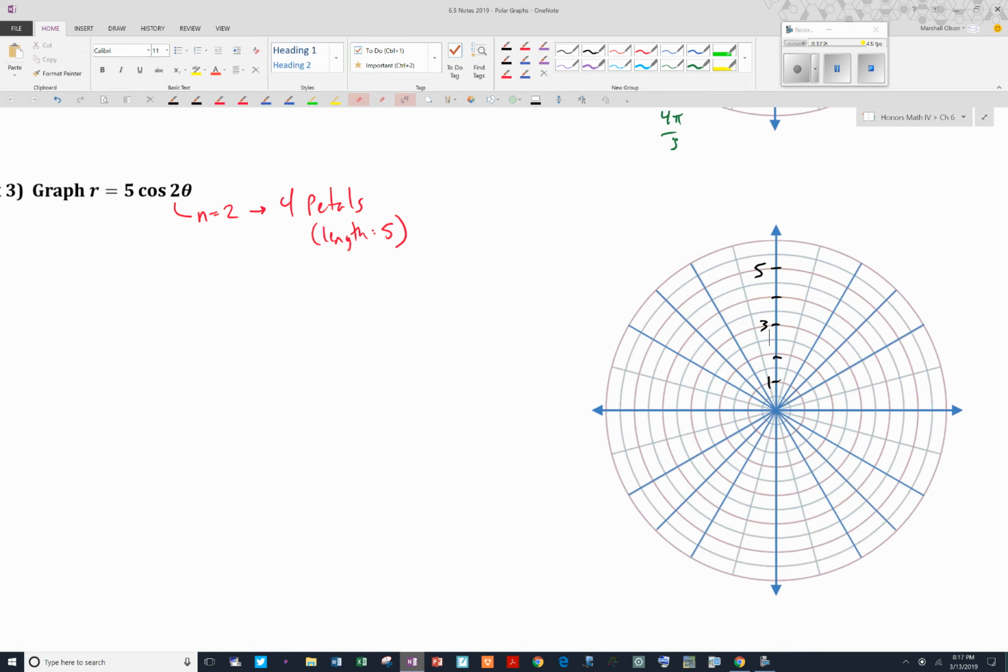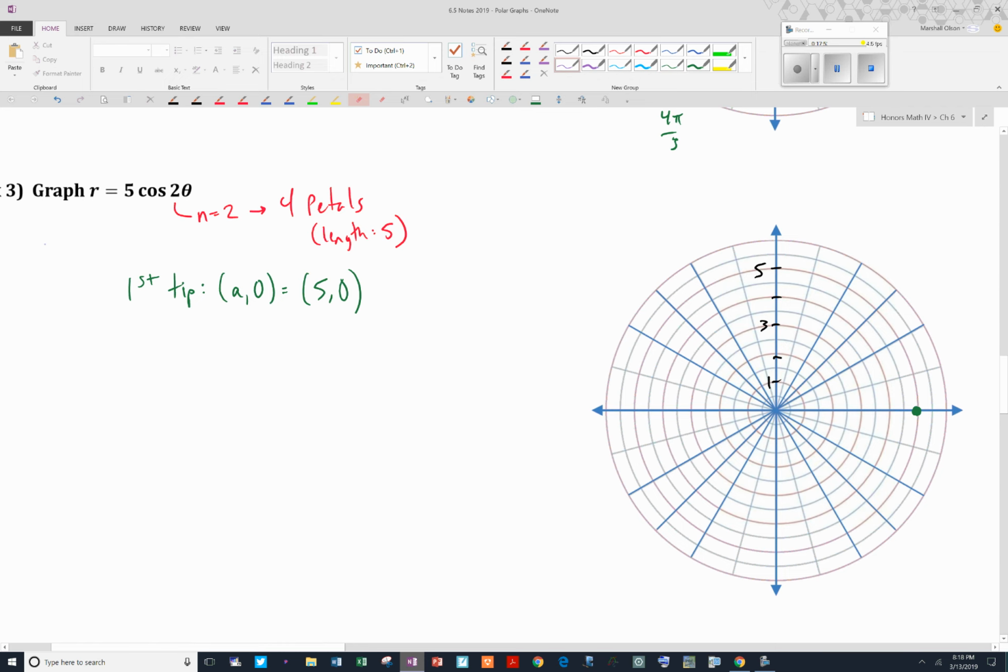Okay, because it's cosine, we're going to be starting in the same spot that we did last time. So I'm just going to put that the first tip is going to be at a comma 0, which is 5 comma 0, which is right here.